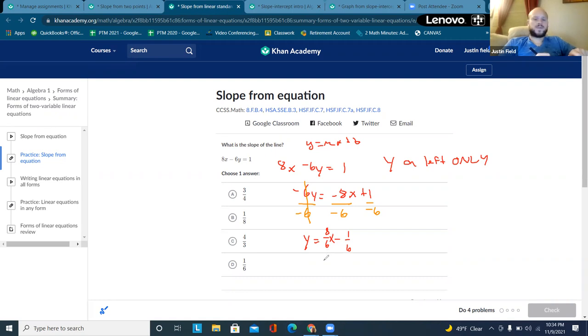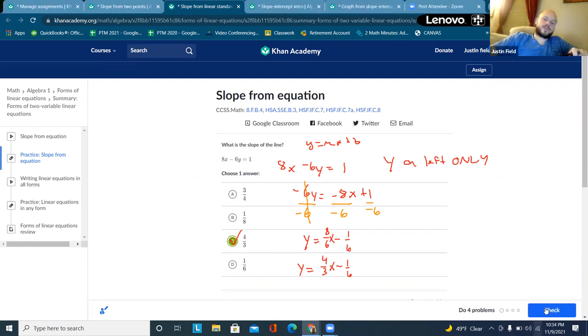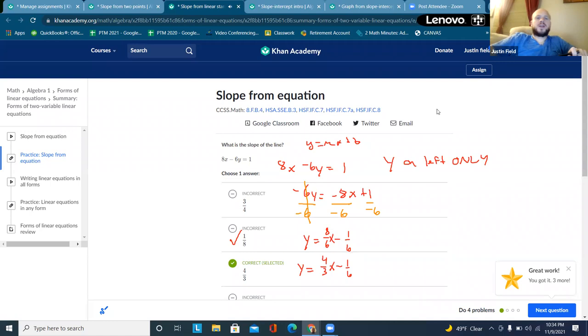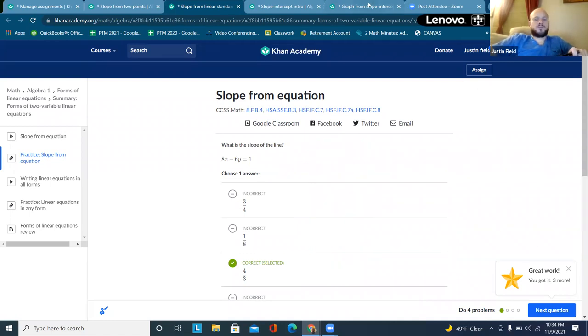What does it reduce to? 4 over 3. Right? Divide the top and the bottom by 2. So 4 over 3, which is right here. Ta-da!